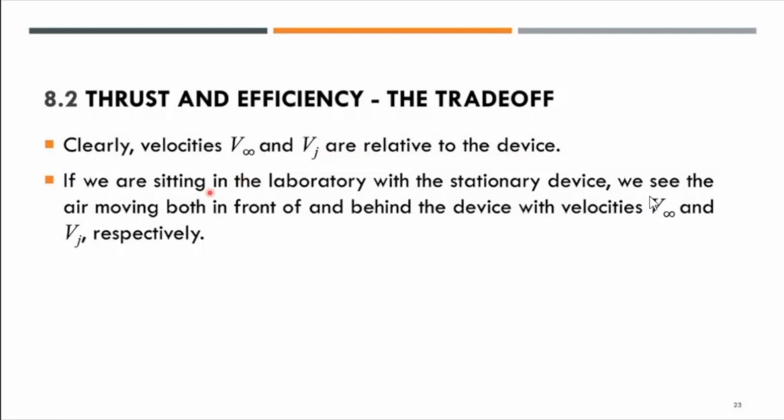If we are sitting in the laboratory with a stationary device, we will see the air moving both in front of and behind the device with velocity of v free stream and vj respectively, coming from the left, coming out to the right as vj.